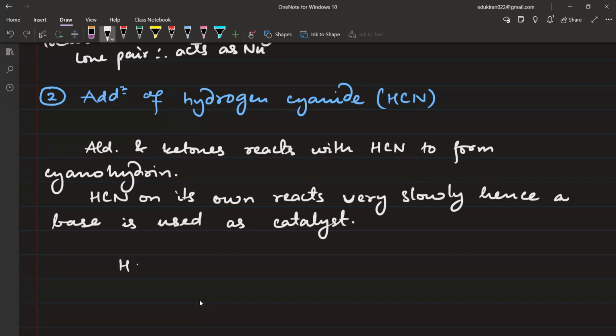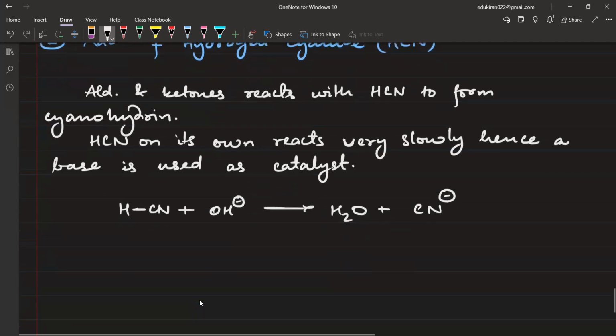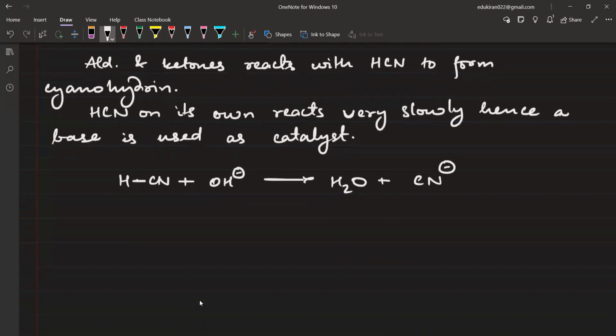So we have first of all HCN, and if there is a base, then this base can abstract the H+ ion. It will make H2O plus CN negative. Now HCN was neutral, CN negative is a charged species, that is why it will react faster. So we have the carbonyl carbon like this.